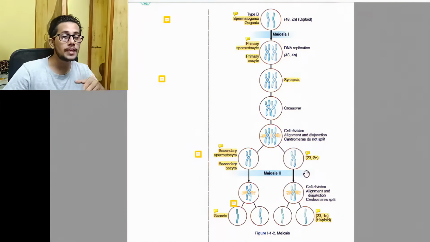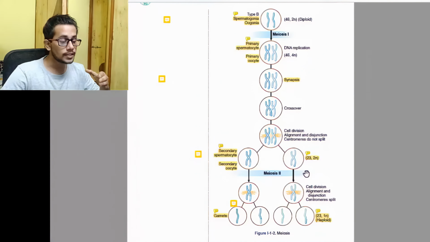As a human being, a single person, either male or female, we only need 23 chromosomes during our lives. When the process of fertilization happens, that is when we need the 46 chromosomes. Otherwise a normal single human being has only 23 chromosomes.